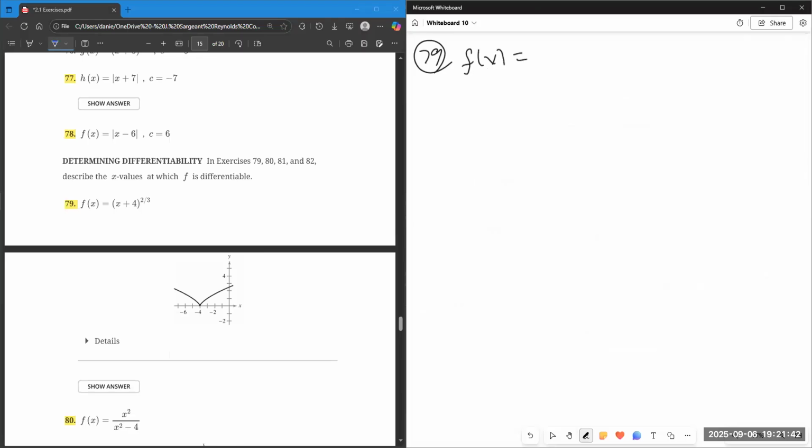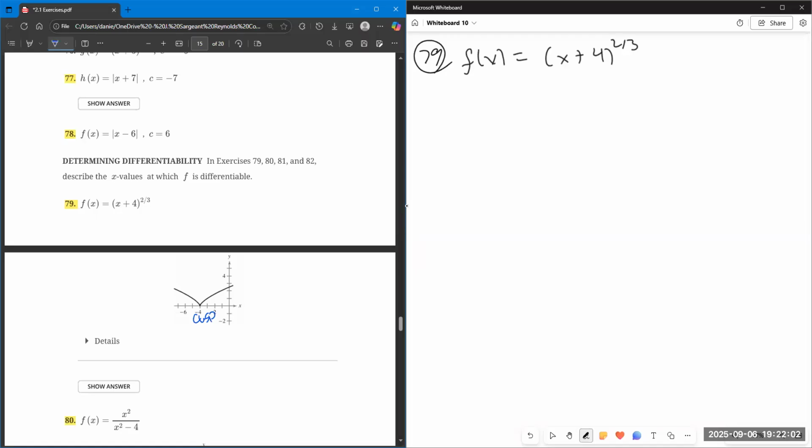f of x is equal to x plus 4 to the 2/3 power. All right, this is going to be a graph that looks like this. So they gave it to us. So there's a cusp here. It makes it not differentiable at -4, but it's differentiable everywhere else.